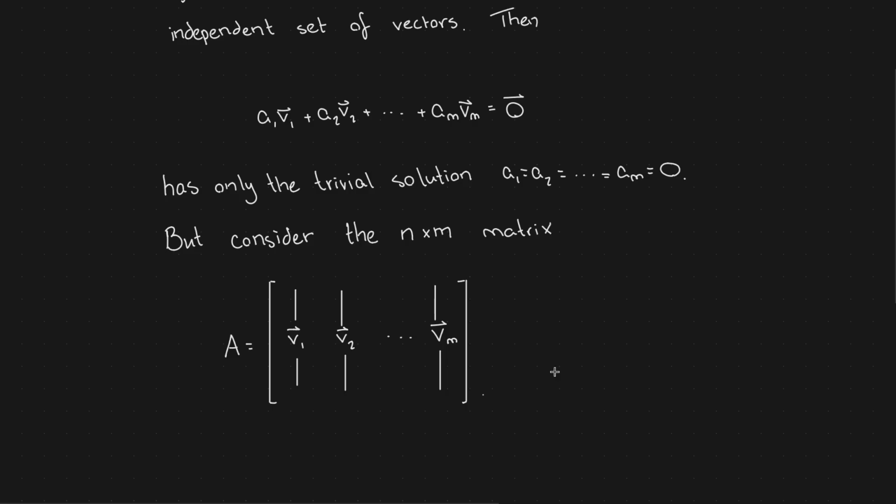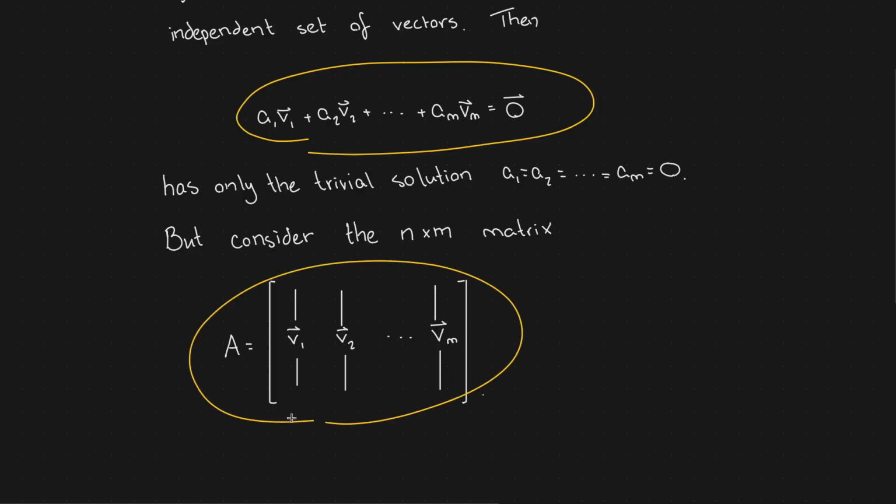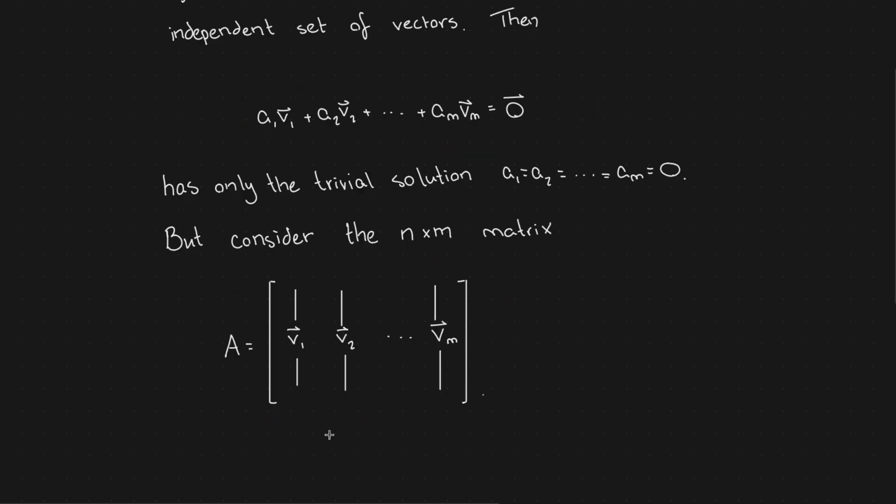Well, if this system has only the trivial solution, then if we get this thing in reduced row echelon form, we would need to have no free variables, right? Otherwise, we'd have infinitely many solutions. So in reduced row echelon form, we can't have any free variables, which means every column must have a leading entry in it.